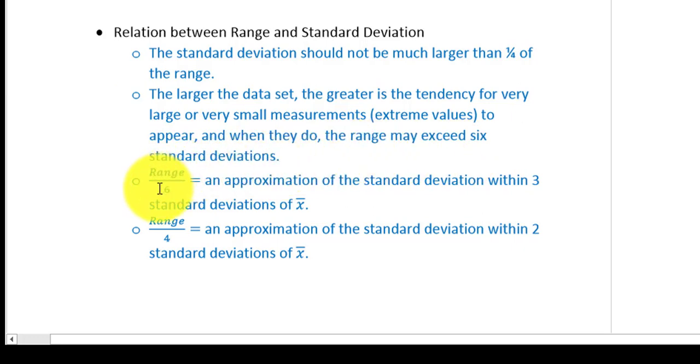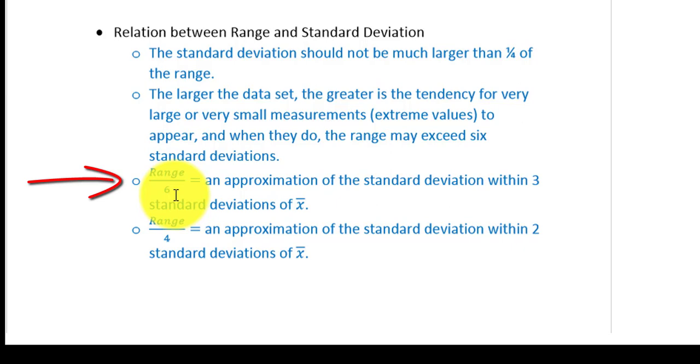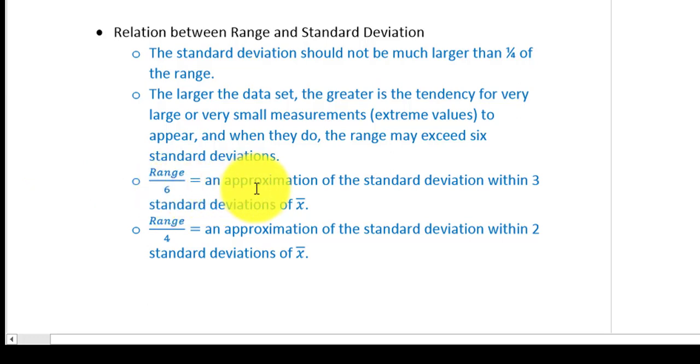So we have 2 different approximations for the standard deviation. When we take the range and divide by 6, that represents 3 standard deviations to the left and 3 standard deviations to the right of the mean. That makes a total of 6. So that gives us an approximation of the standard deviation within 3 standard deviations of x bar, that would be the mean for a sample.